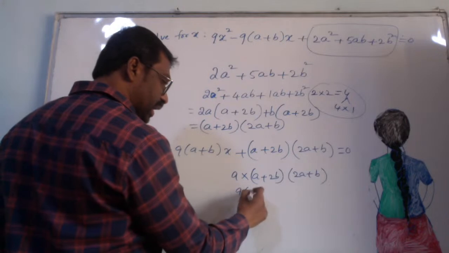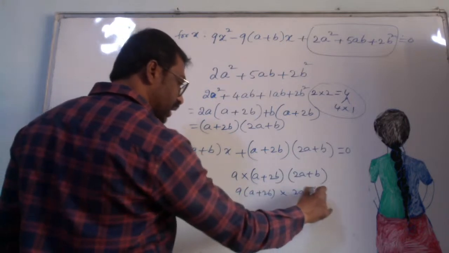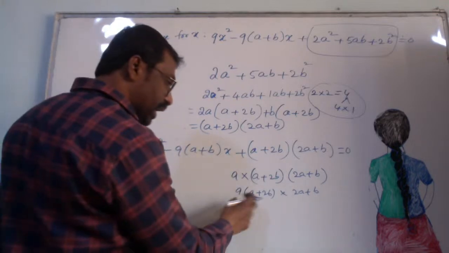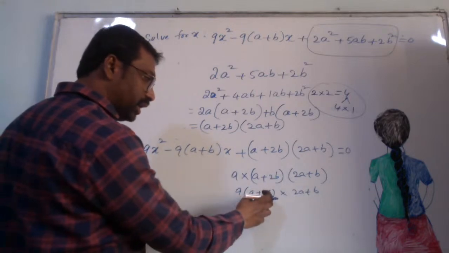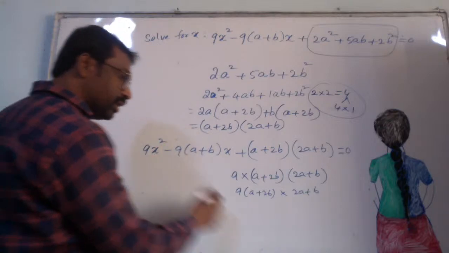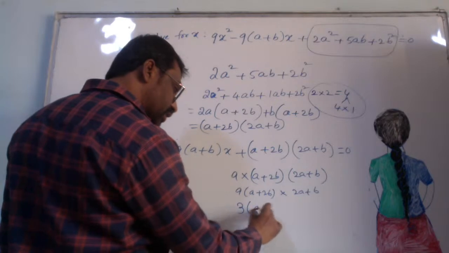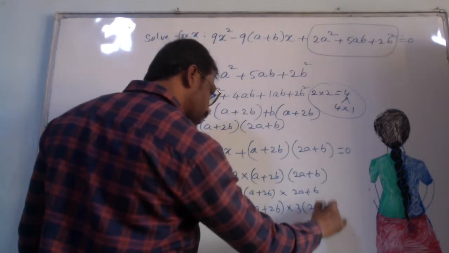If you take (9a plus 2b) and (2a plus b), that is one possibility I am checking: 9a plus 2a is 11a, 9 times 2 is 18, 18 plus 1 is 19b. Then you will not get 9. That's why I am writing 9 as 3 times 3, one 3 for one factor and the other 3 for the other factor.